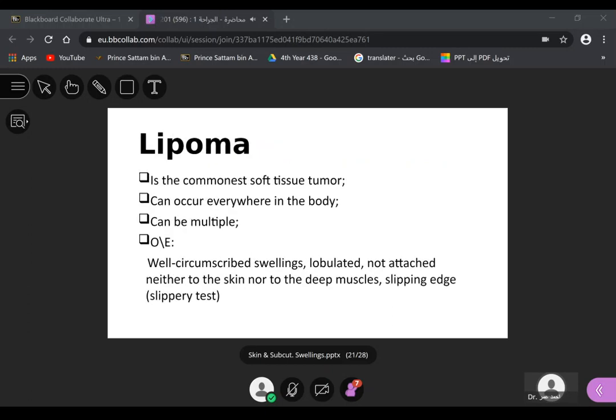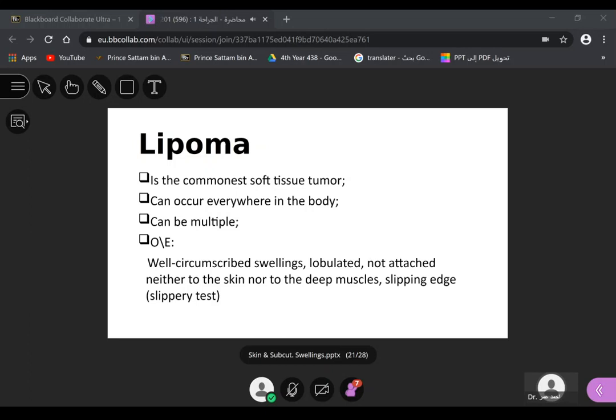Of course, the most important and common subcutaneous swelling in the whole body is a lipoma. It happens in males, in females, in adults, and it can also happen in the elderly. Probably this explains why it is very common.